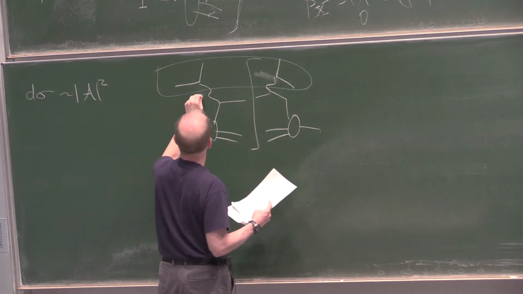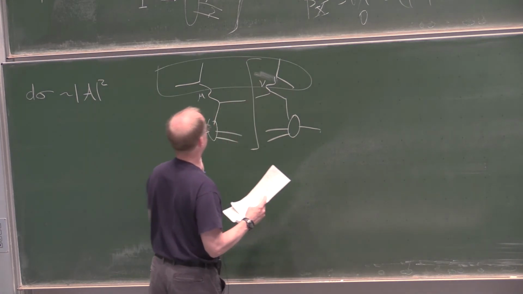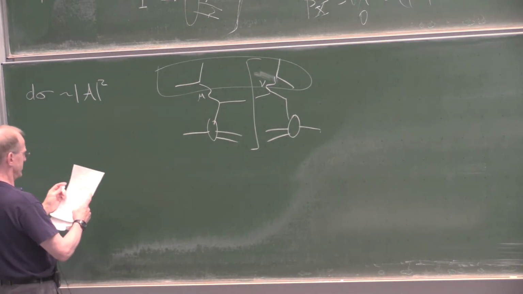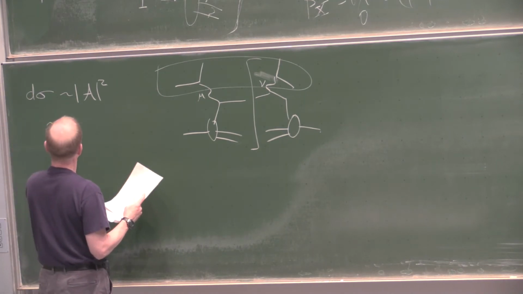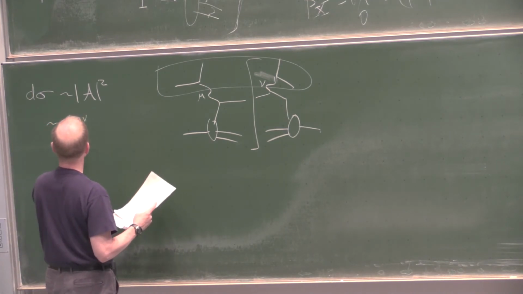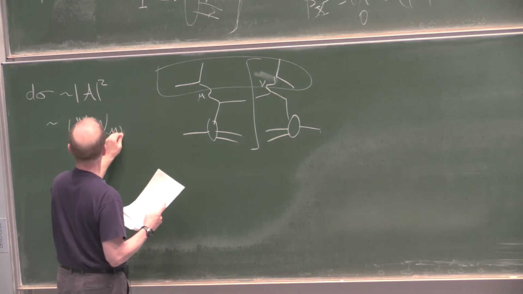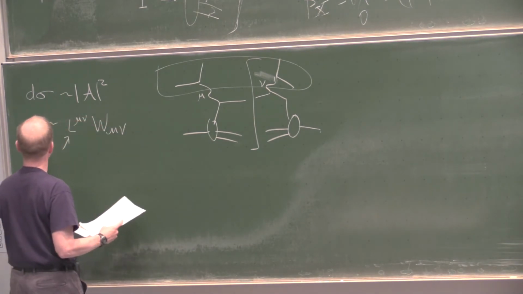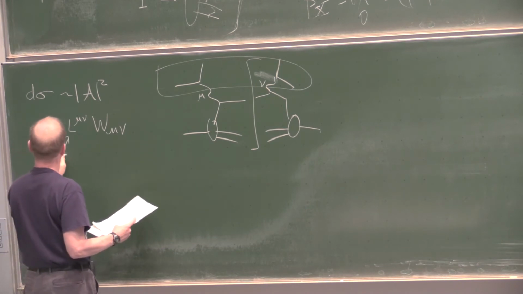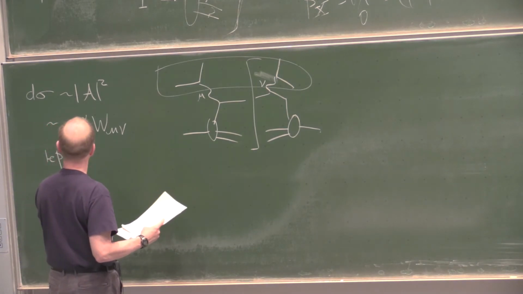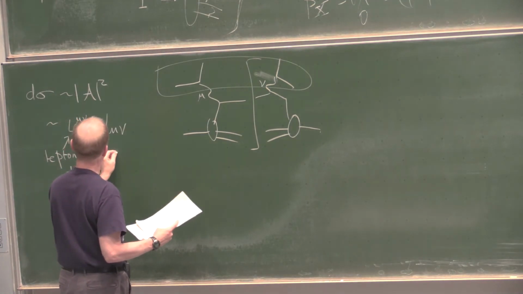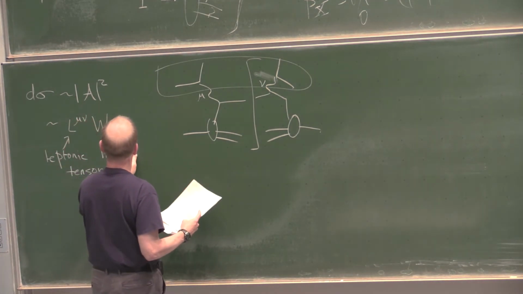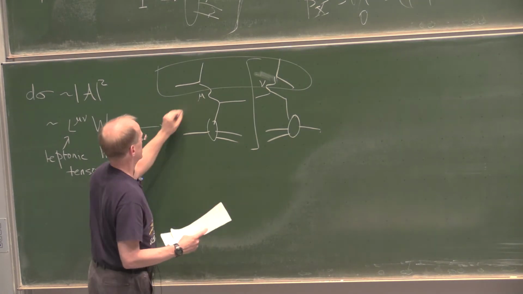So there's a mu index on here and a nu index on here. And this amplitude factorizes more or less into a product of two pieces. So this is called the leptonic tensor. And this is the hadronic tensor corresponding to the lower part.